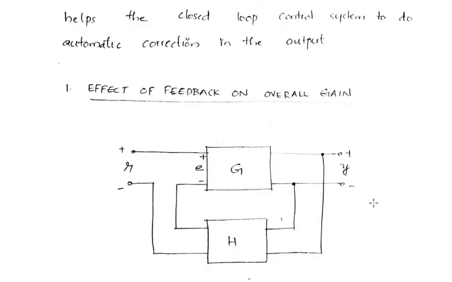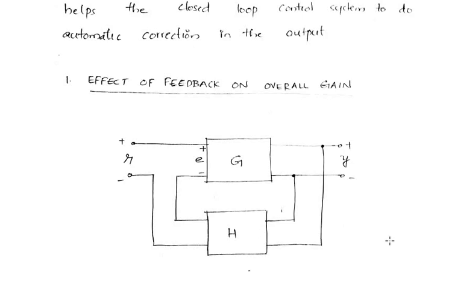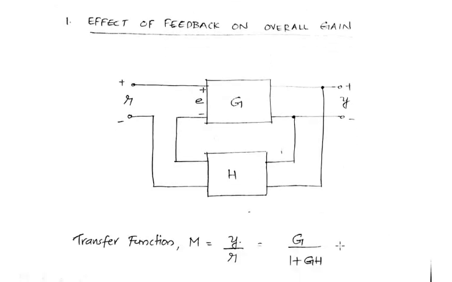But what will happen when we add a feedback with an element having gain H? Then the gain will now become G divided by 1 plus GH.